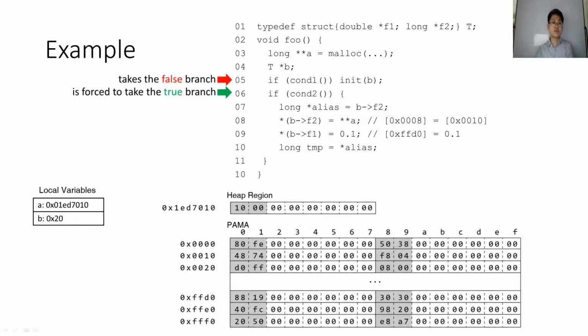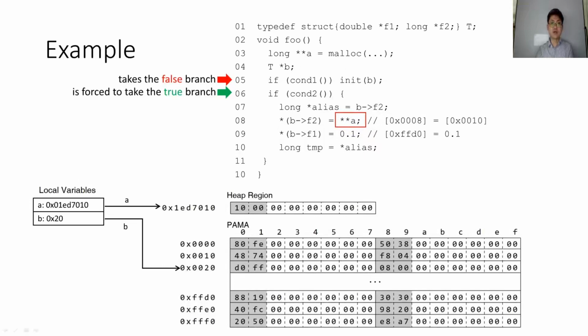Specifically, A is set to a dynamically allocated heap region at line 3, and B points to the adjacent 20 in PAMA. Consider the read operation at line 4 that triggers a pointer dereference on A and yields the value 10, which is further interpreted as an address in the follow-up double dereference.